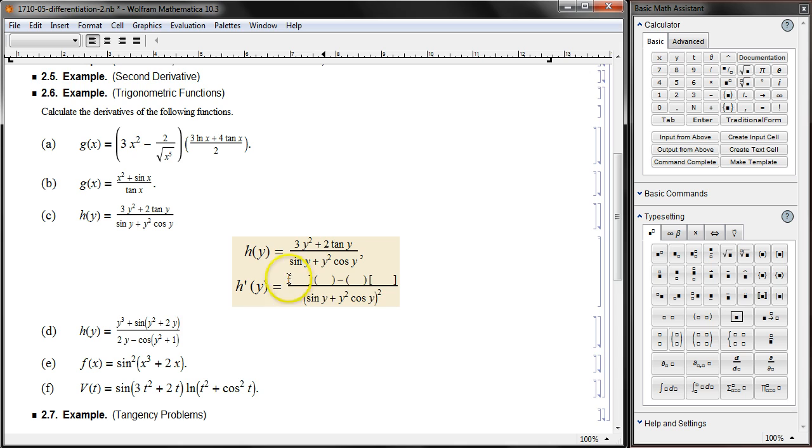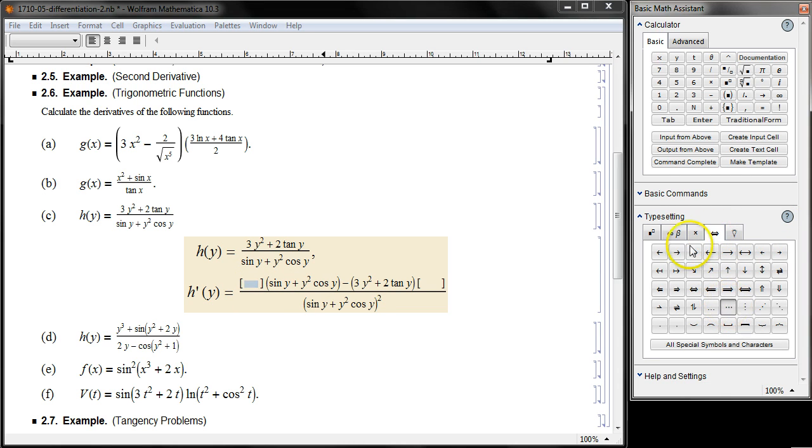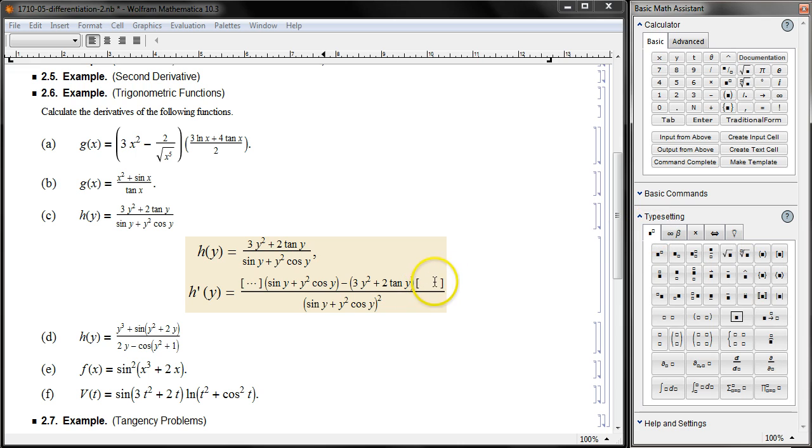Kind of a house rule. In parentheses, I'm going to just copy and paste u prime v, and then u v prime, and then in these brackets we're going to take the derivatives and put those in, but we're going to do those in the next step.